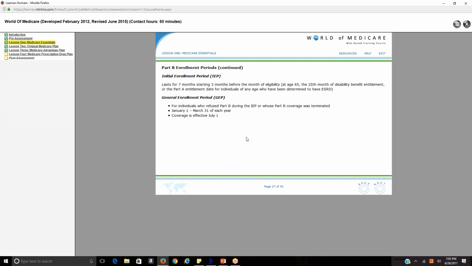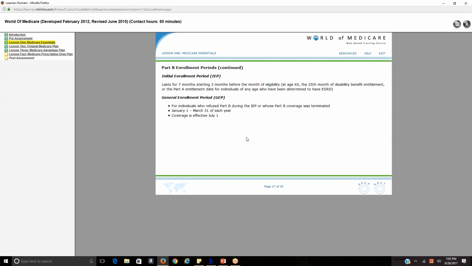There is a general enrollment period for individuals who refused Part B during that initial enrollment period. So let's say you decided, I'm not going to enroll at this point, and I'm going to wait until, let's say, the end of the year, or your Part B coverage was terminated.